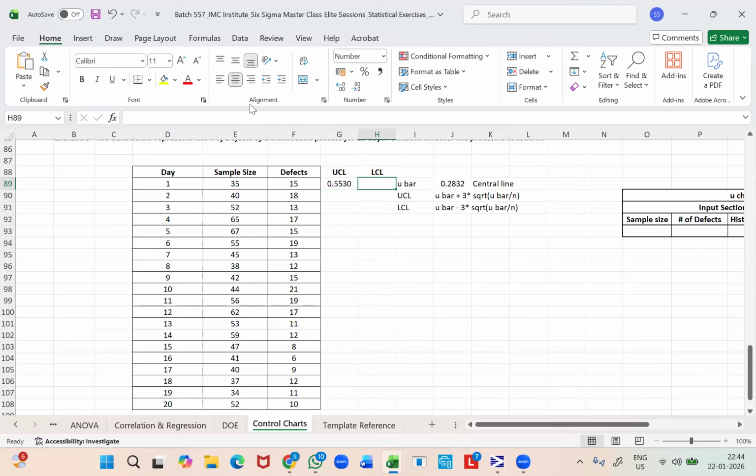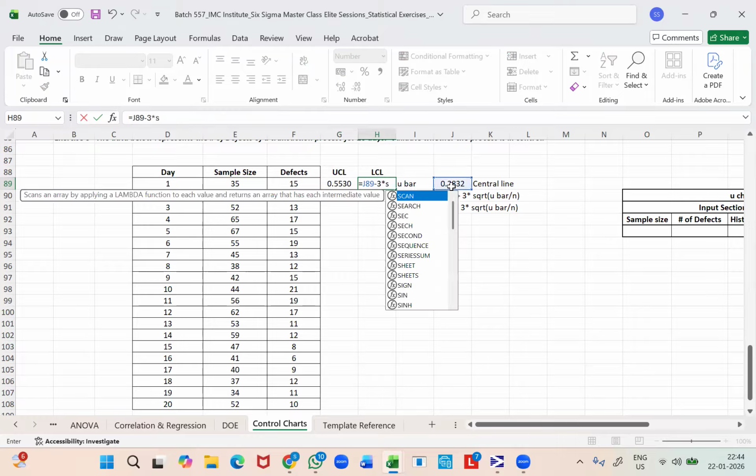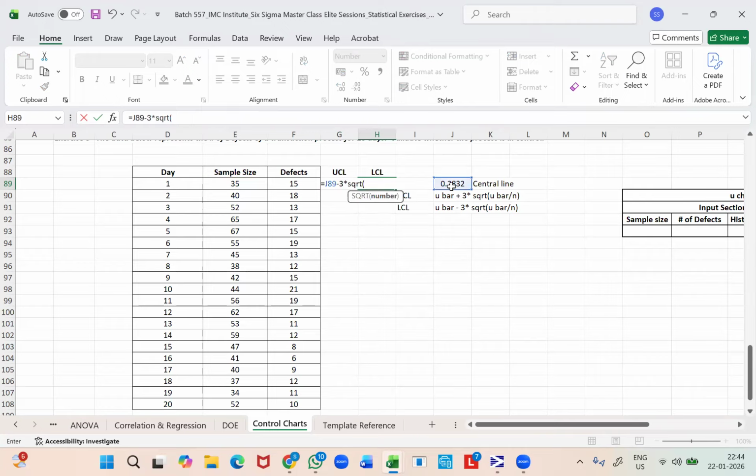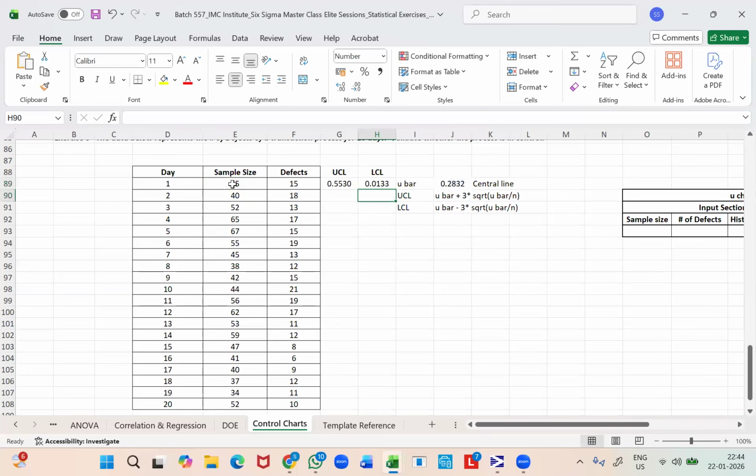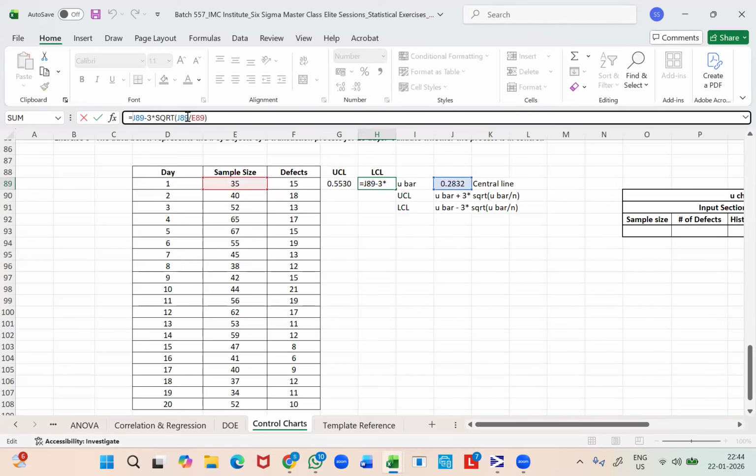Similarly, for LCL, it will be U bar minus 3 into square root of U bar divided by the sample size. So you don't get any negative value for LCL. So you can retain the positive value as it is. The only thing is we need to again freeze the U bar value in this formula.